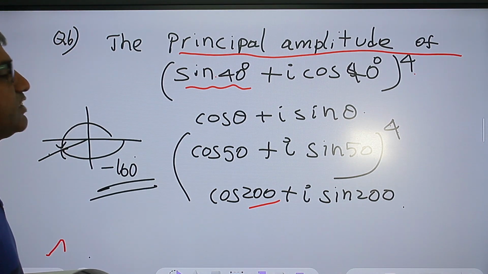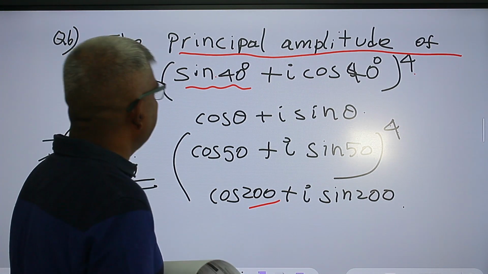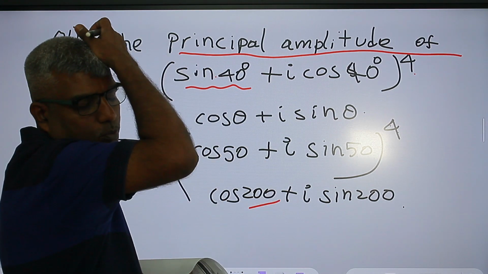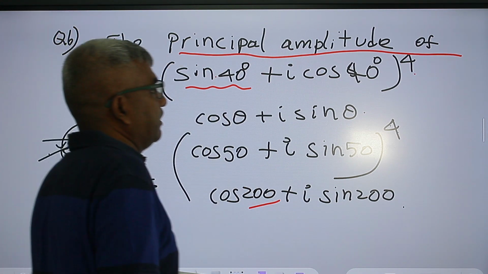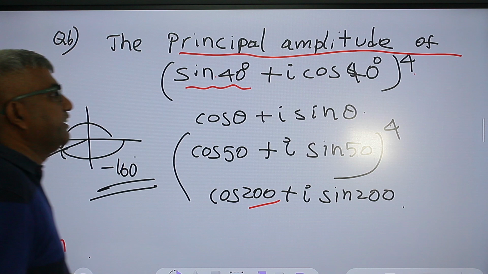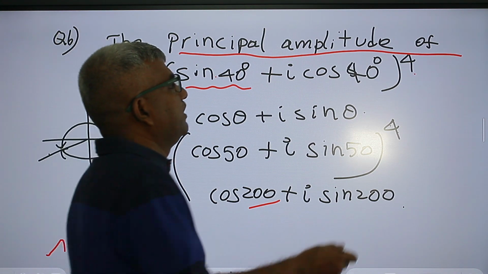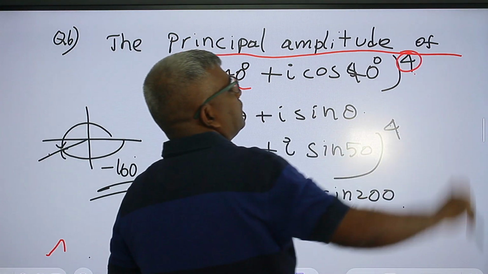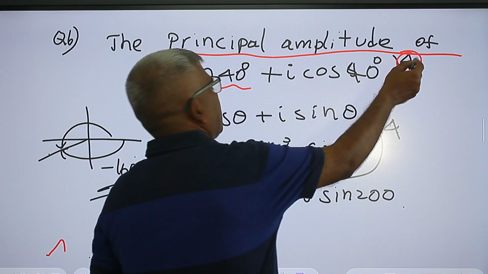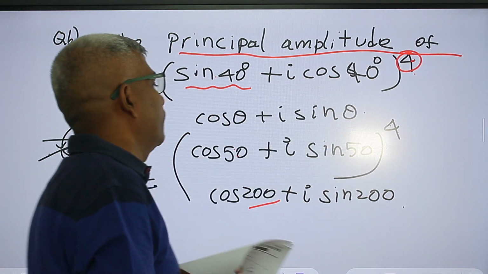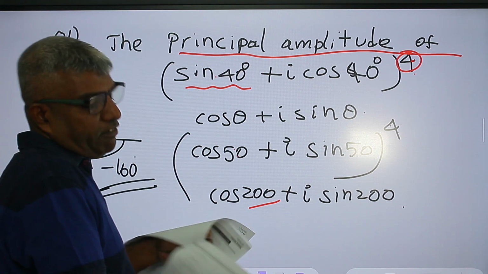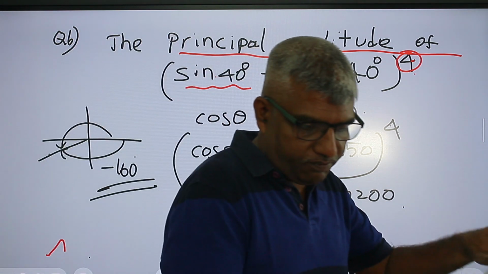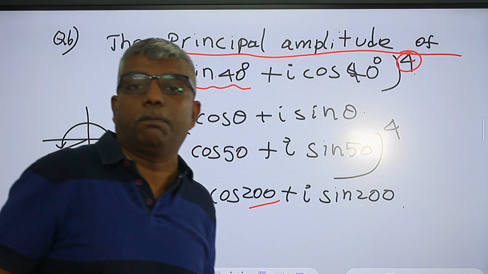Principal amplitude means it always has to come from minus pi to pi. Polar form should be in cos theta plus I sin theta. Here it is sin theta plus I cos theta, so you have to change it to cos theta plus I sin theta. Then this power 4 means, if it is 50, you have to multiply by 4 to get 200. And principal amplitude means you have to represent it only from minus pi to pi.